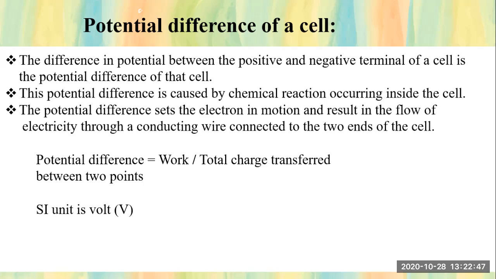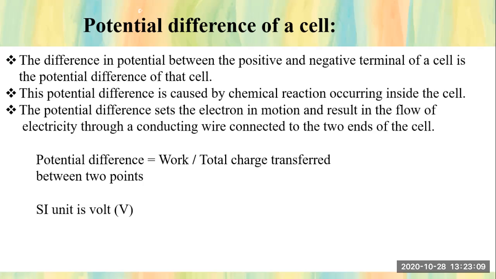Now see, in the first two points we have seen that in two terminals there is potential difference. Now how does this difference occur? It occurs by chemical reaction. Now, due to this, what sets in? The potential difference sets the electrons in motion.